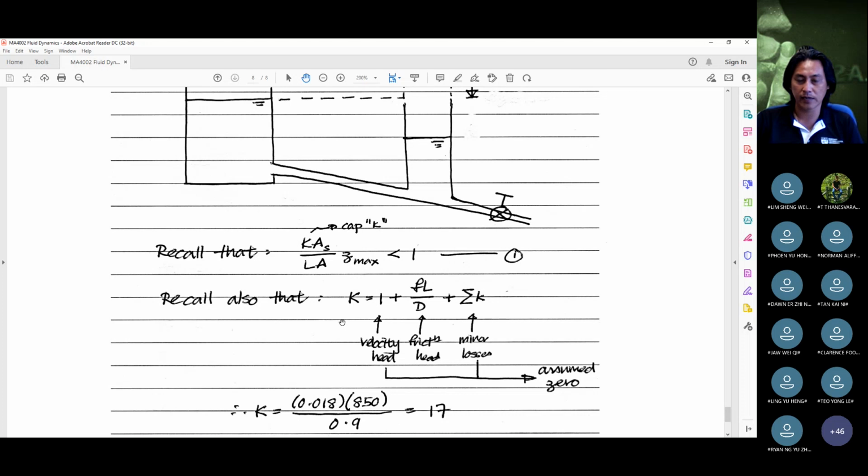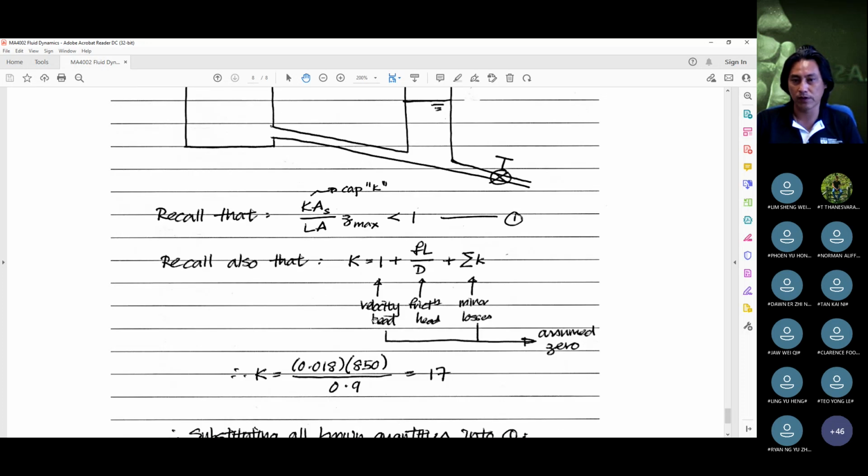So now capital K, based on the formula in the lecture notes, is nothing but the summation of the velocity head, the friction head, and minor losses, basically the coefficients of all these losses. But then again, this question told us that the minor losses and the velocity head are assumed to be 0.